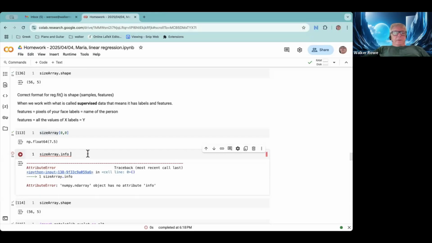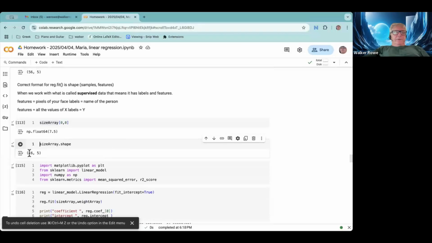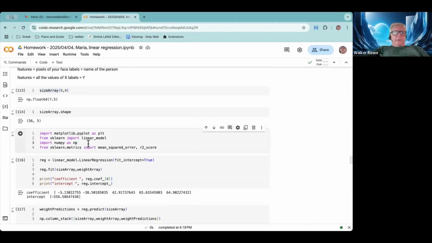Maybe it's got mean. Yeah, it does have mean. Okay, it does have some functions. It doesn't give us a count. Well, by shape, we get the count. Okay, here we go. So we know we got 56 samples or data points and 5 features. Now, we just import our model. Then we run this. We create the model.